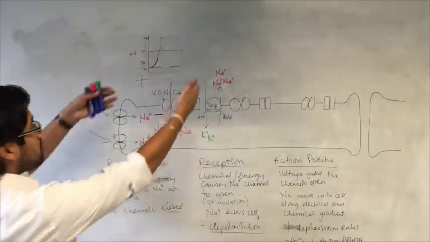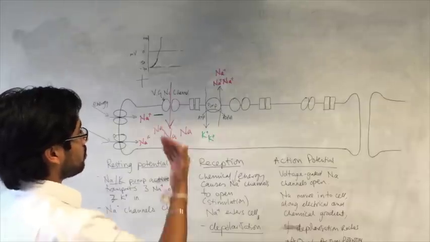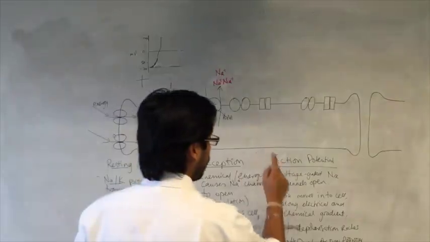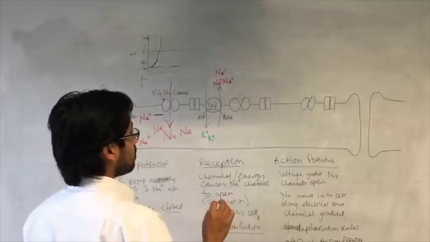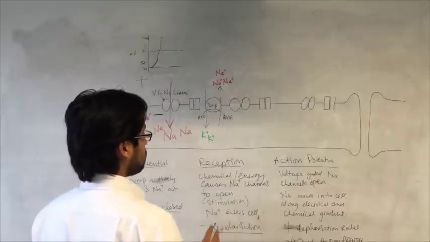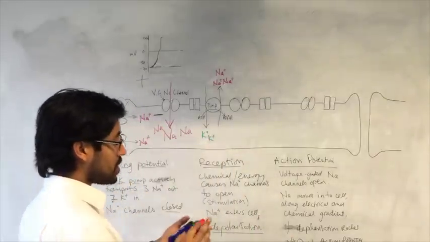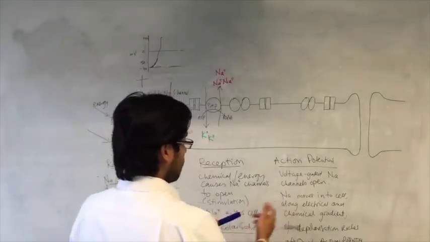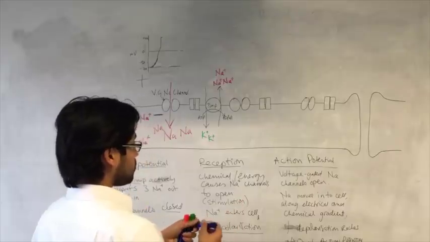Now we've got lots of sodium in the cell, we've got lots of potassium still there, but when you reach the action potential, a number of things happen. The main important thing is that potassium channels open. The action potential causes potassium channels to open.